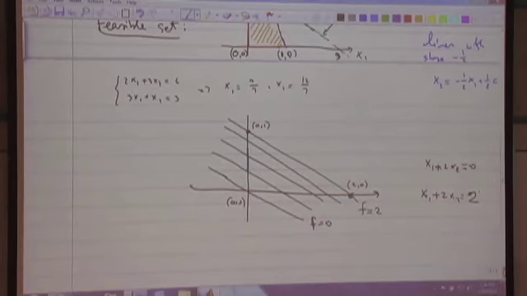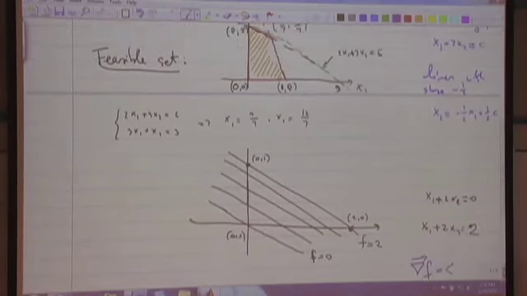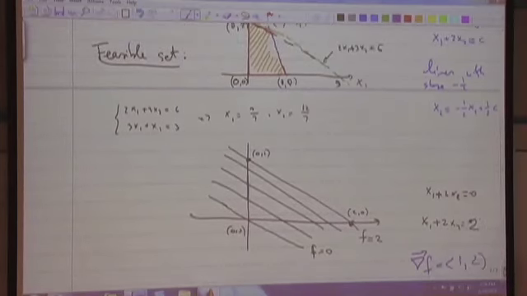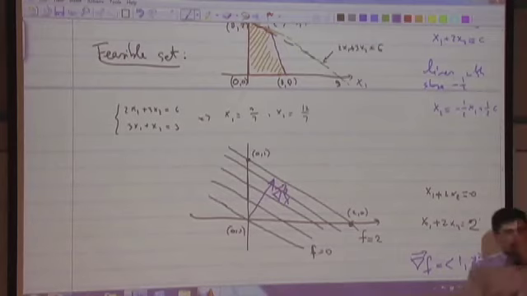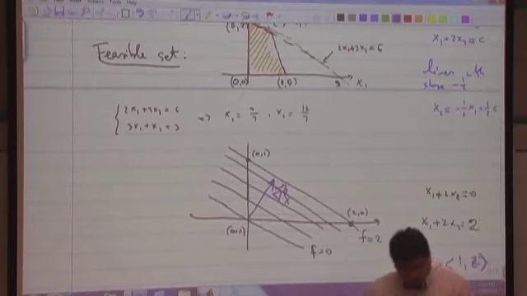But actually a better way to think about it is, what is the gradient of f? It's 1 and 2, right? So the gradient of f is this vector. And what do we know about the direction of the gradient?